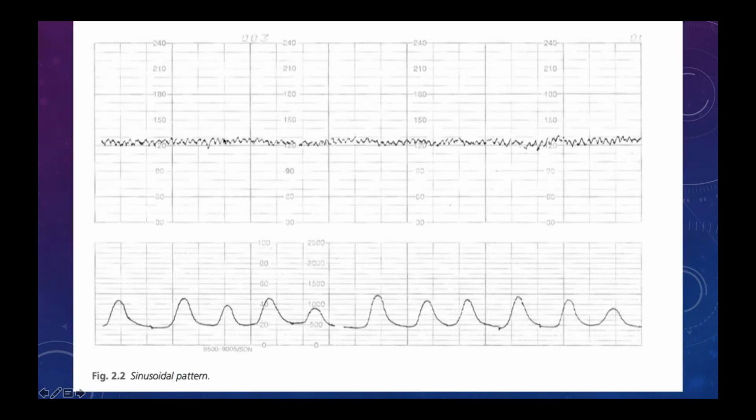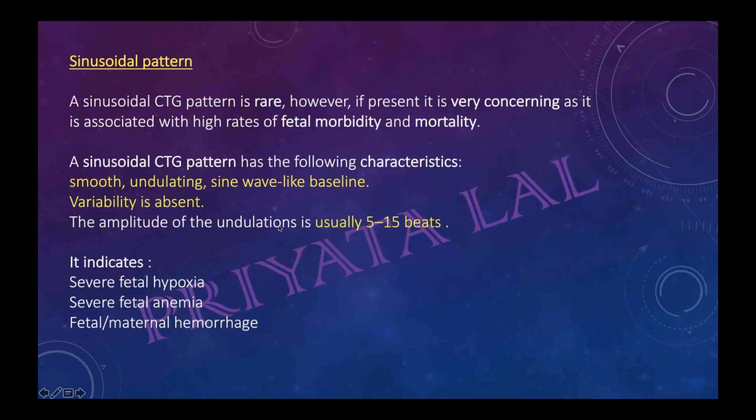So now you see, this is a sinusoidal CTG. It is sine-wave-like, and there is no variability at all, and it is between 5 to 15 beats per minute. So it fulfills all criteria: it is smooth, undulating, there is no variability, and it is usually between 5 to 15 beats.